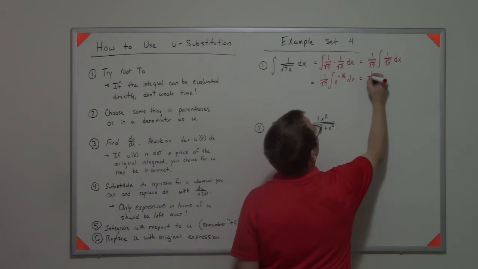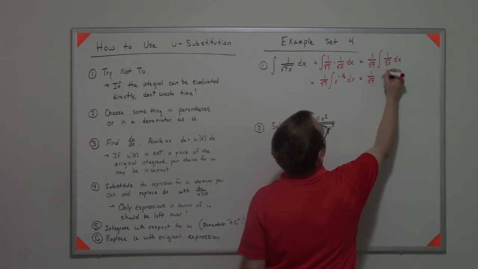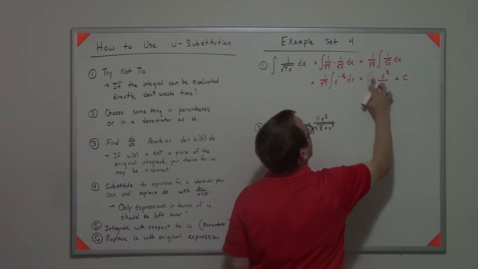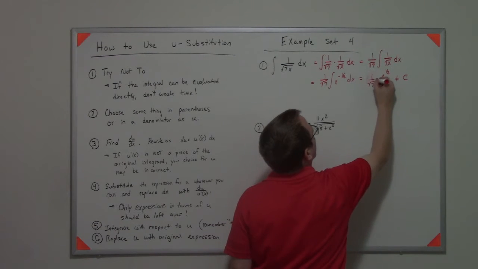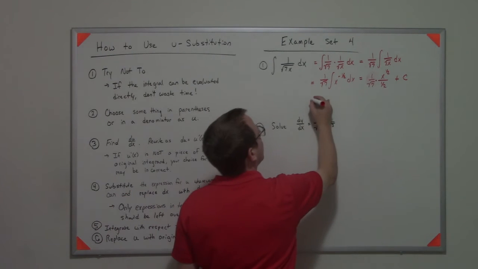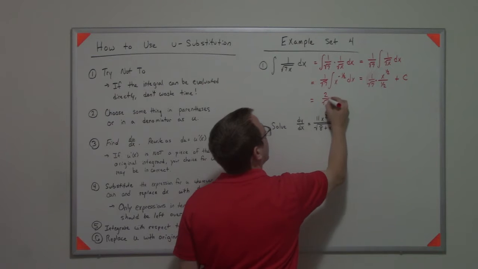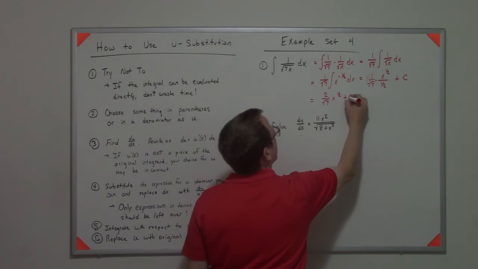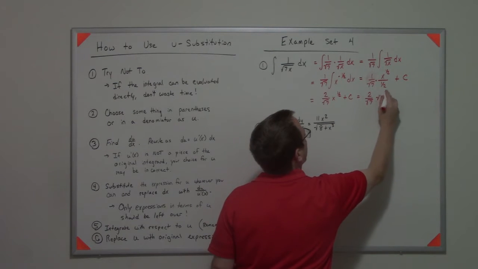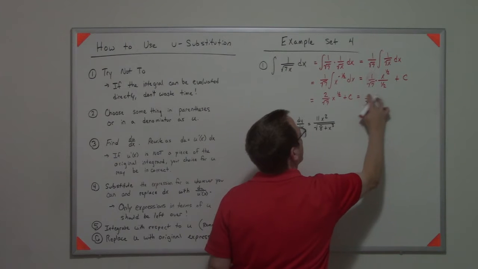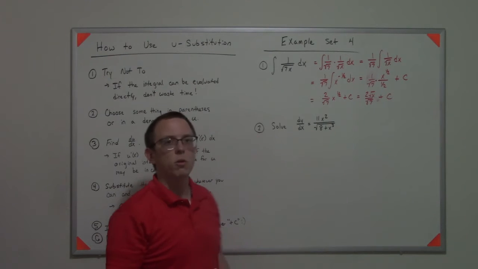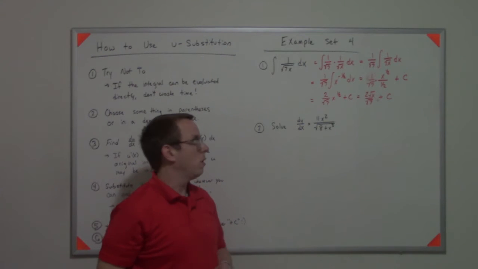So then I add 1 to the power, divide by the new power. Dividing by 1/2 is the same thing as multiplying by 2. So 2 square root of x over the square root of 7 plus c would be your answer.